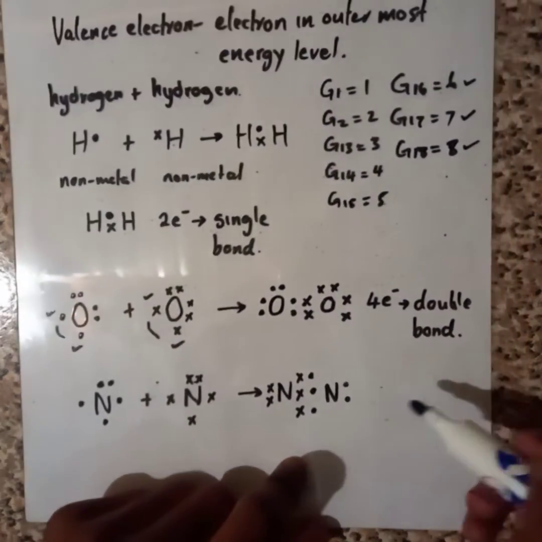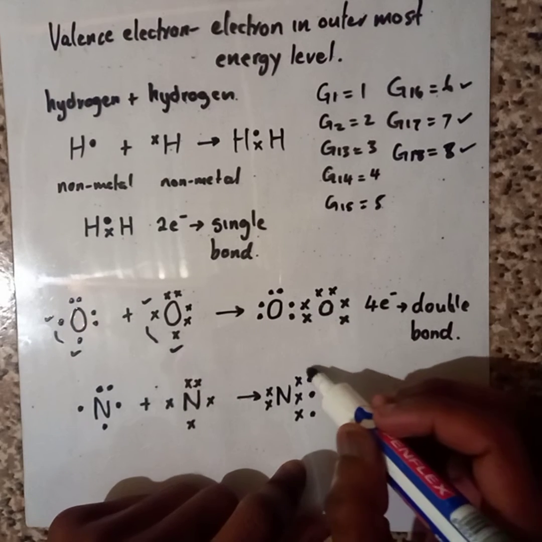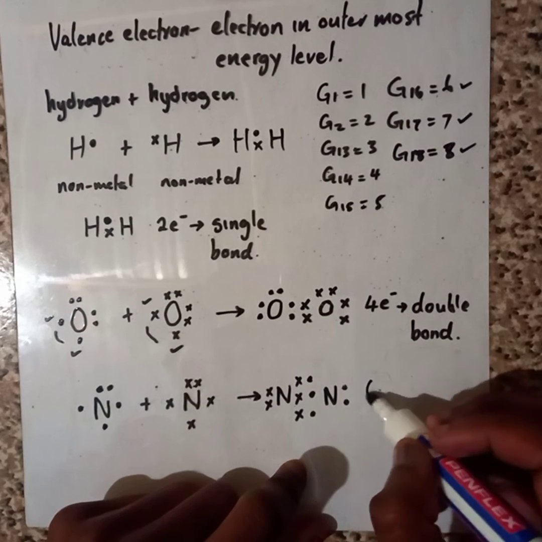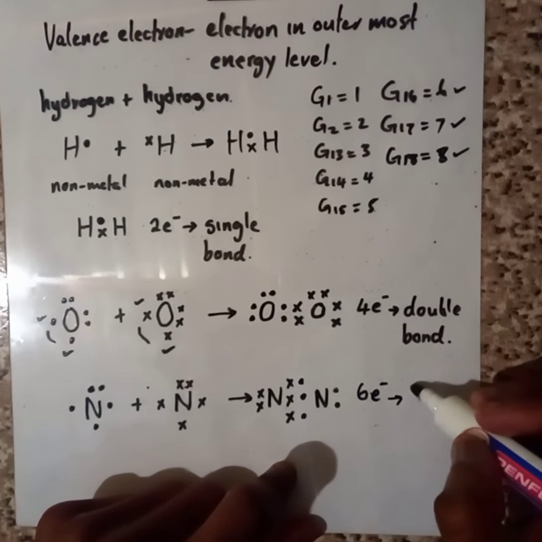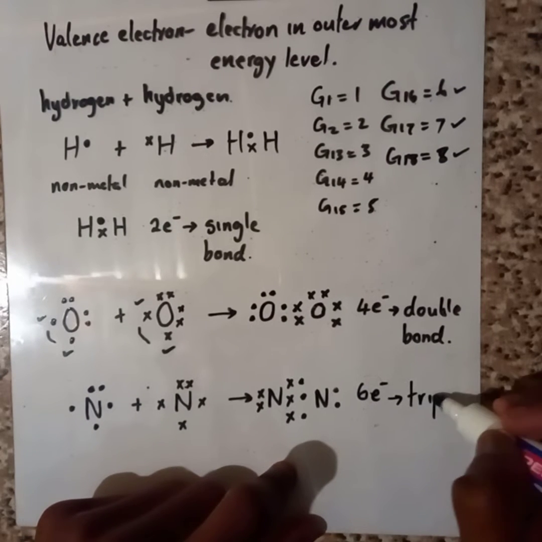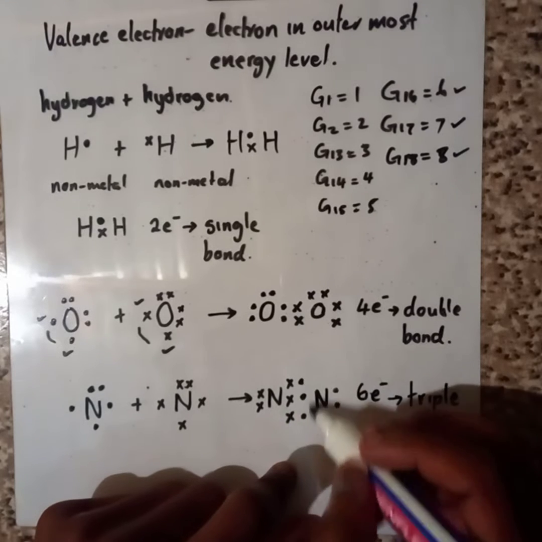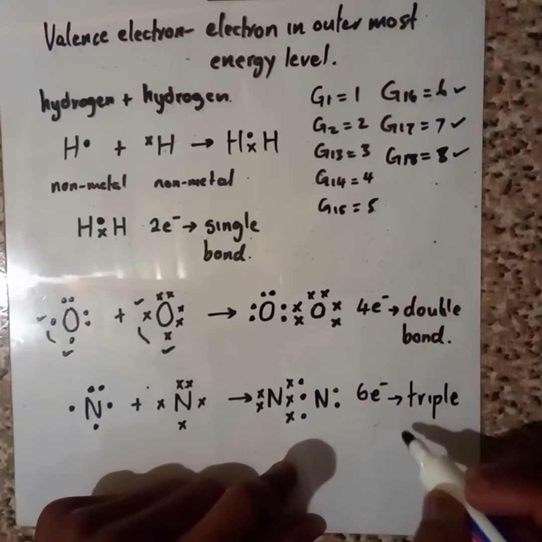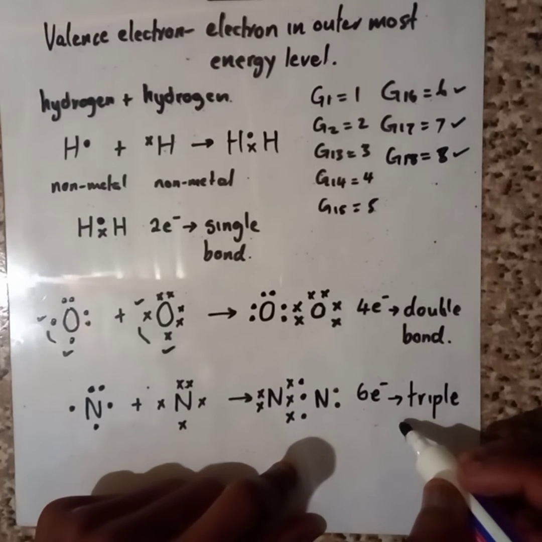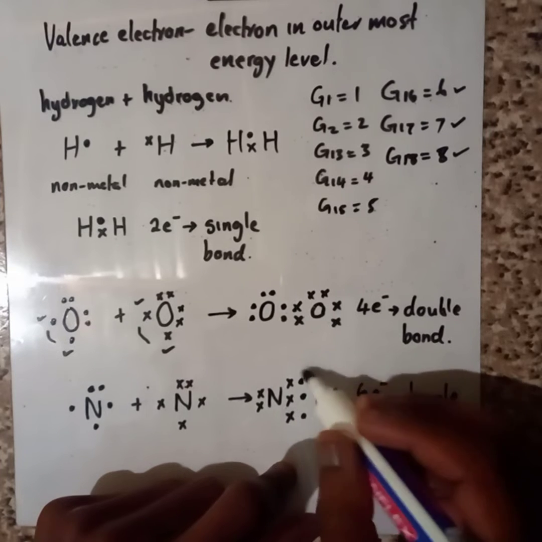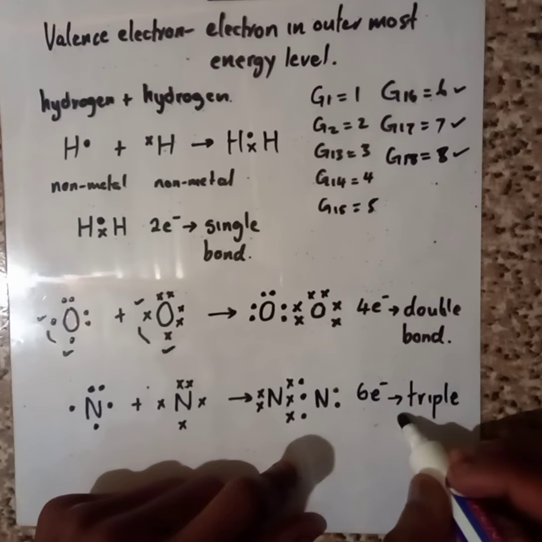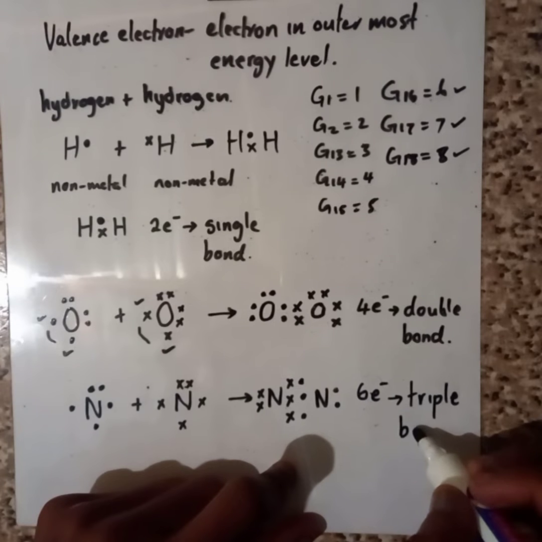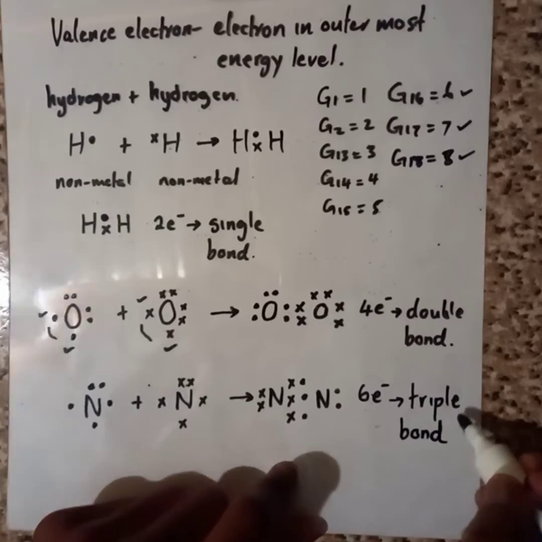It satisfies what? An octet rule. Now we have 6 electrons. For 6 electrons, we get a triple bond. We have 3 from 3, in total 6 electrons, sharing. Then we are going to get a triple bond.